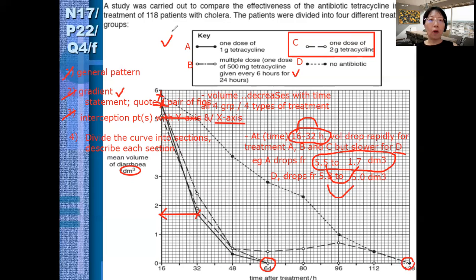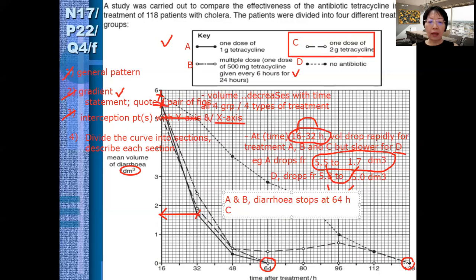So you can say that for treatment A and B, diarrhea stops at 64 hours after the treatment, whereas for C and D, the diarrhea stops at 1 to 6 hours after the treatment. So this is talking about interception.